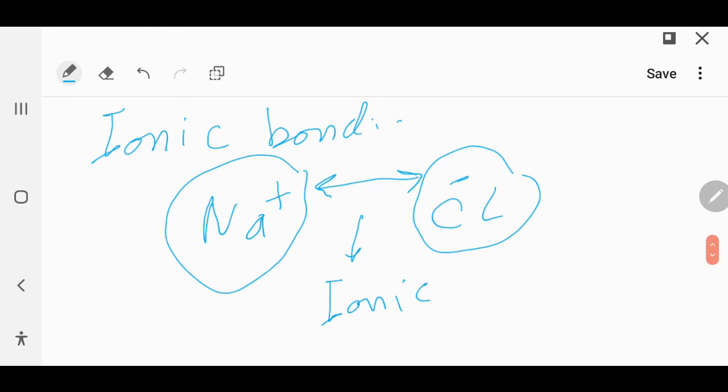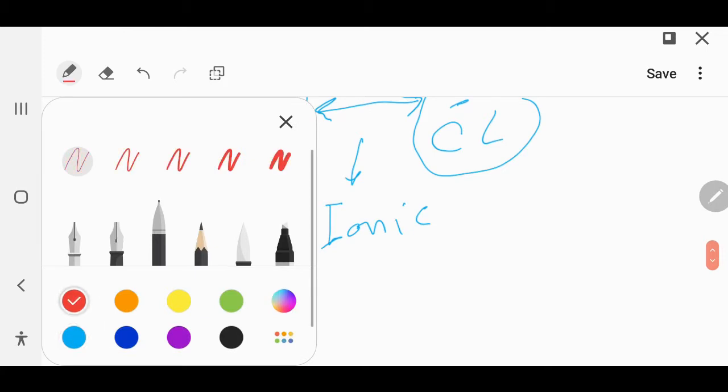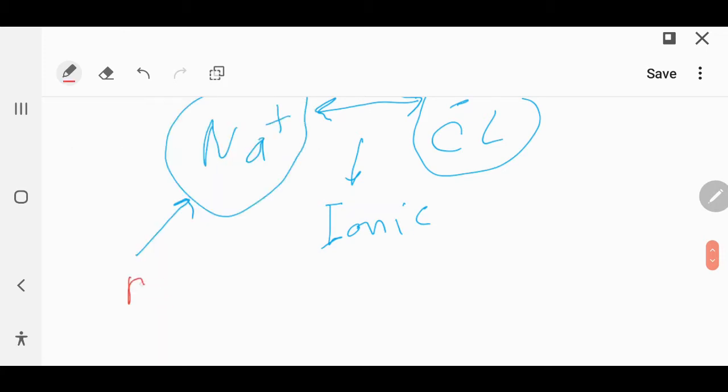And we know that sodium will be formed because the Na atom loses an electron to form Na+, while Cl-, the chlorine atom, will gain this electron to form Cl-.